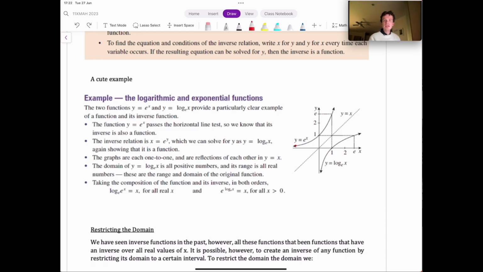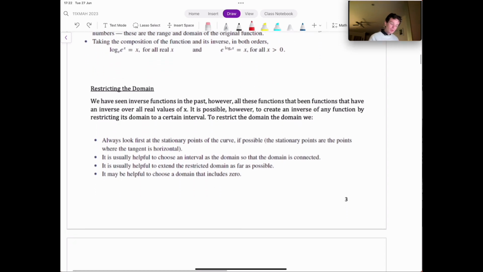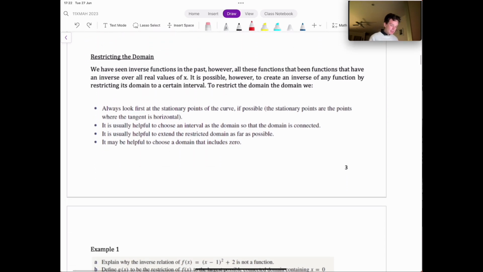And that's true for any exponential graph. The inverse of 2 to the power of x is log base 2 of x.